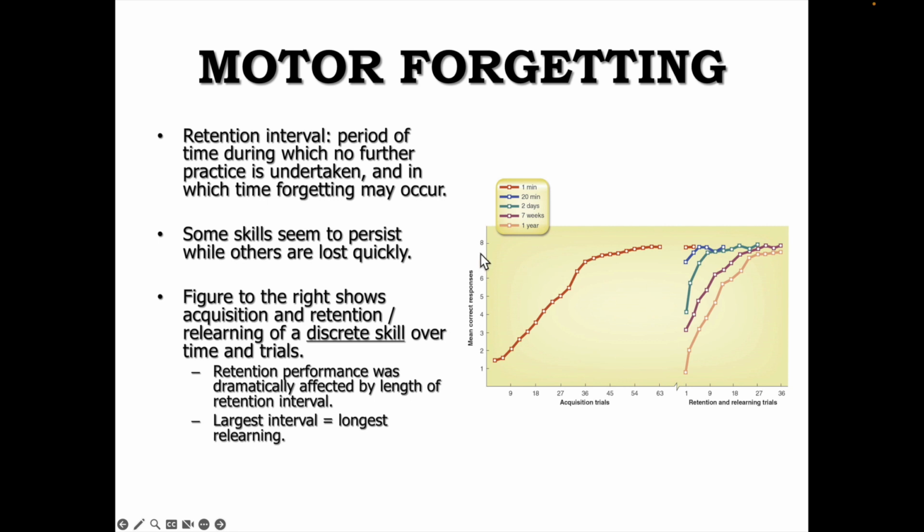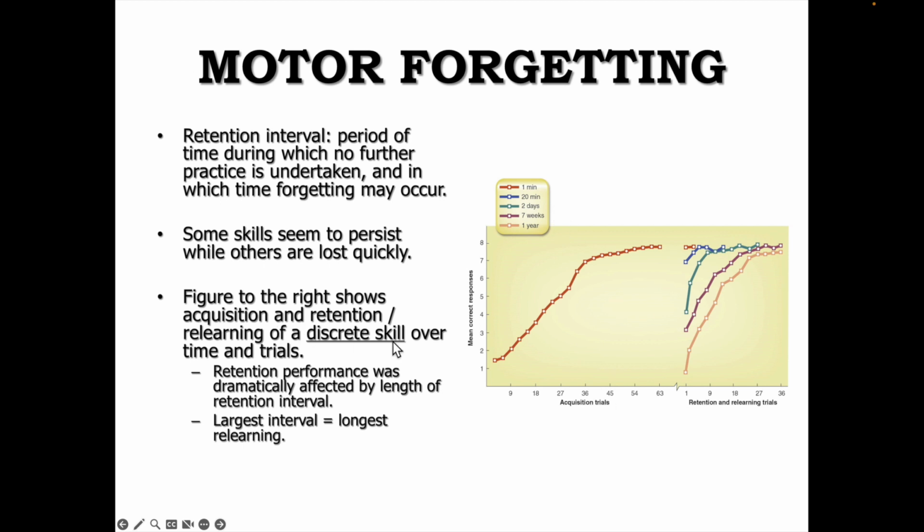This retention interval changed depending on what group the participant was assigned to. It varied between 1 minute to 20 minutes in blue, 2 days in green, 7 weeks in purple, and 1 year in this salmon color. So if you were in the 1 year group, you waited a year before performing this particular discrete skill again.